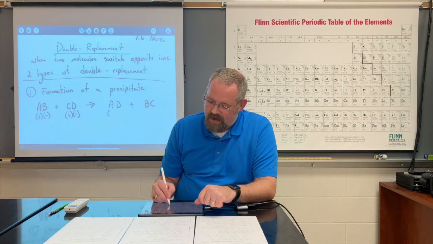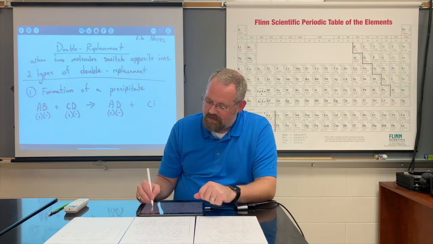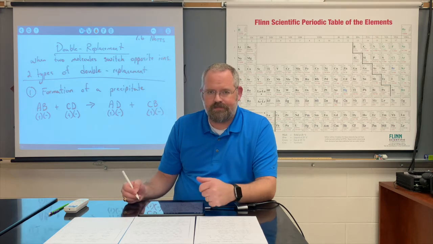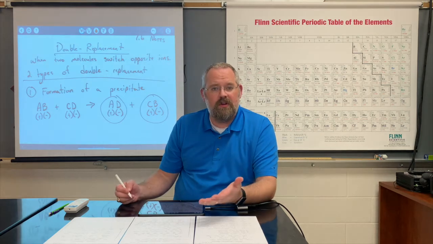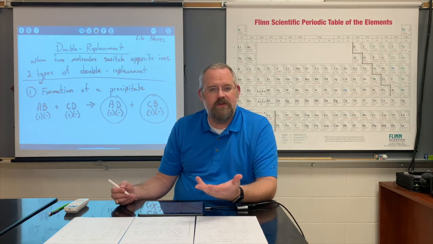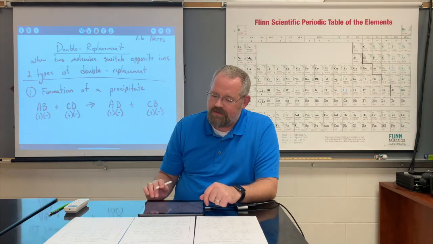We still have our positives and our negatives. Oh, excuse me, CB. See, it's easy to make a mistake. That's why you have to know your positives and your negatives. So one of these is going to be insoluble and it's going to fall out of solution, and that's how that precipitate is formed.